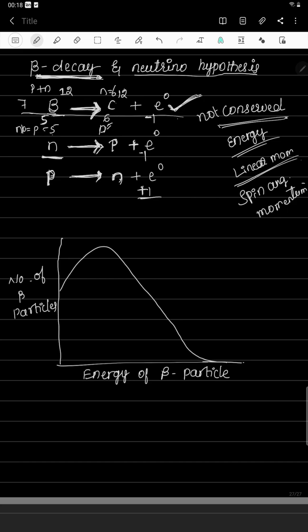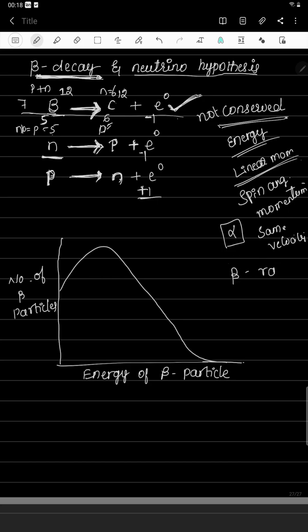While studying the properties of alpha and beta decay, we know that all the alpha particles emitted from a radioactive source will have the same velocity. But in the case of beta decay, the beta particles emitted from the radioactive source will not all have the same velocity.